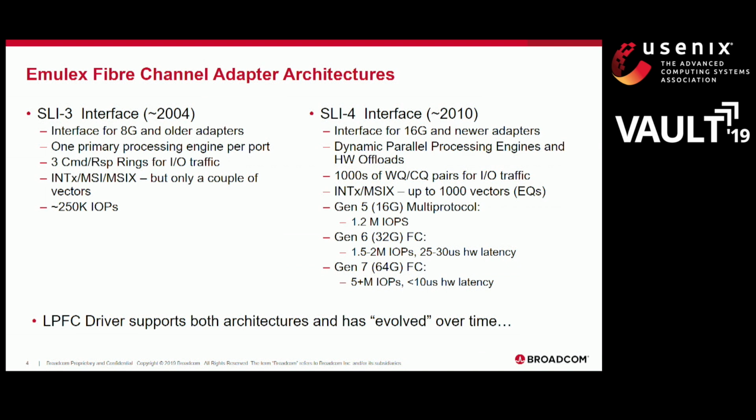And the recent ASIC that we've started shipping, our 64 gig product, has this architecture that supports 5 million plus IOPs with latencies sub 10 mics. And that's really the driving force for making the LPFC modifications. But of course, the trick with LPFC is we still have to support the older generation, and it's all got to work coherently.